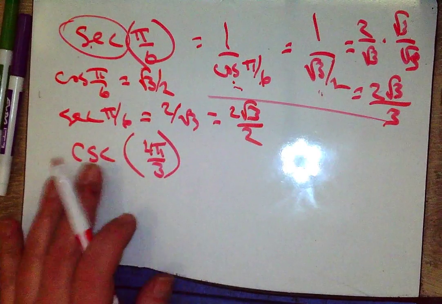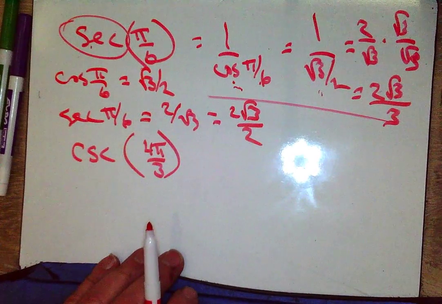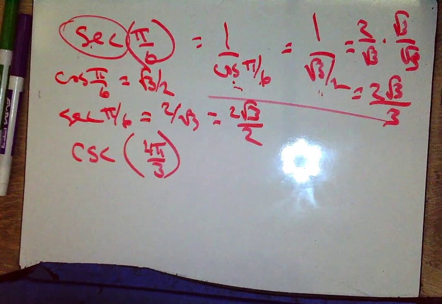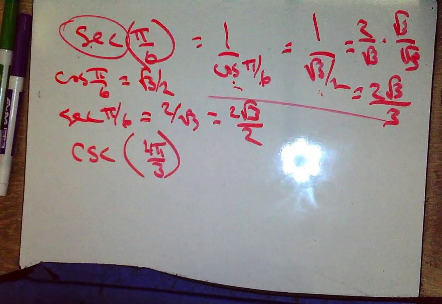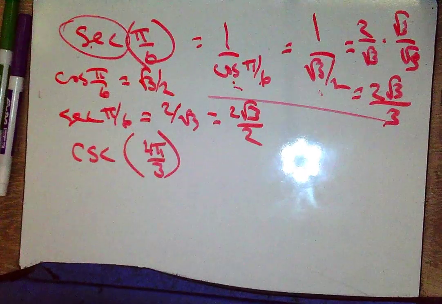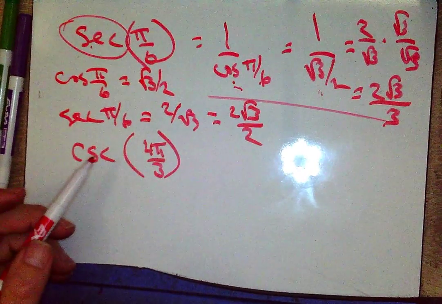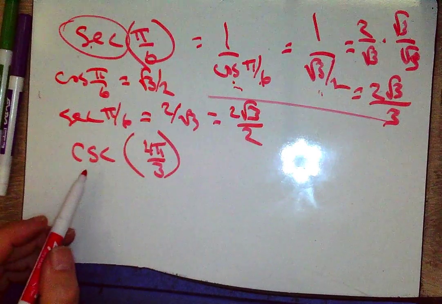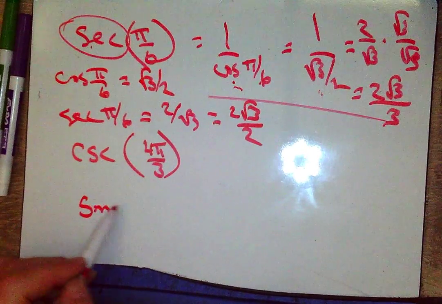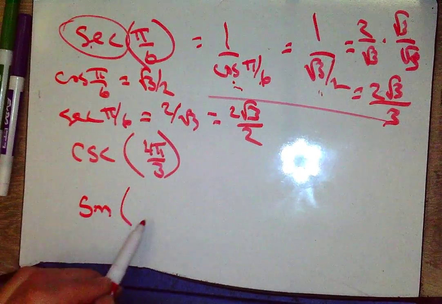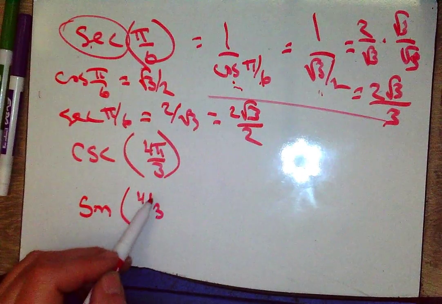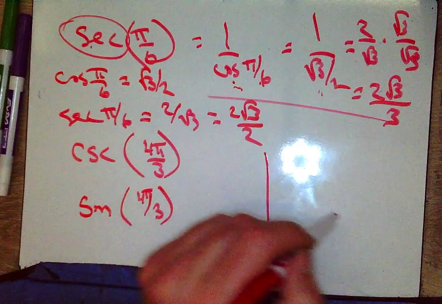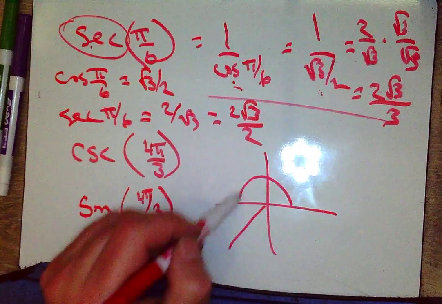Okay, how about cosecant of 4 pi over 3? Can you do that? Well, I know that cosecant and sine are reciprocals of each other. So what's the sine of 4 pi over 3? There's 4 pi over 3.